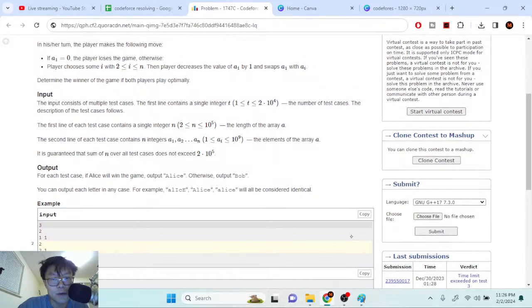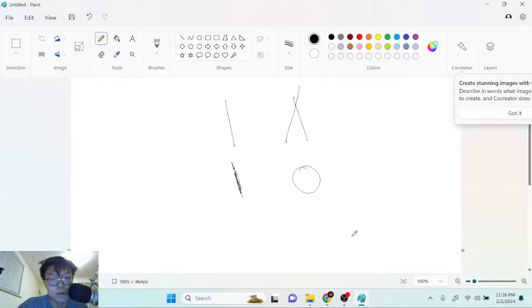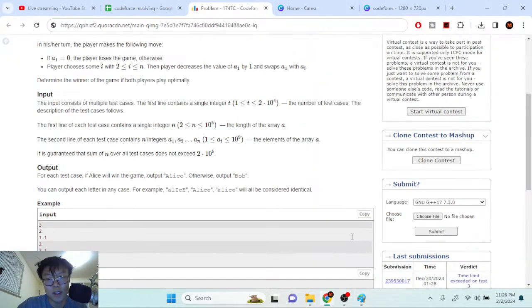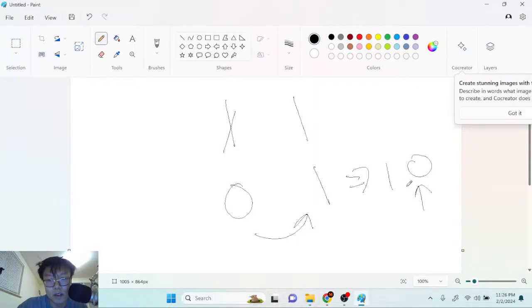It decreases the value A1 by 1, and then swaps A1 with AI. So we decrease this by 1, so we get 0, and then we swap 0 with 1. So then this would become 1 0, right? Then Bob chooses 0, decreases the value by 1, swaps it, so then we get 0 0.